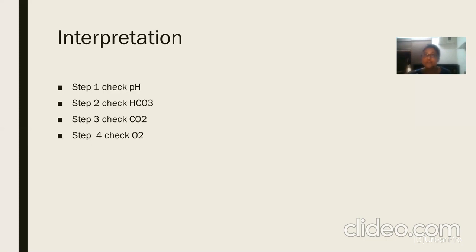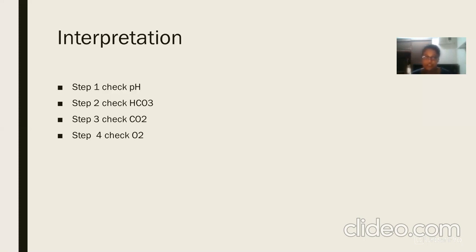In an acidosis situation, bicarb will get exhausted. You should see a drop in bicarb if it is metabolic. So if the pH is low in acidosis and the bicarb is low, this is a metabolic acidosis.